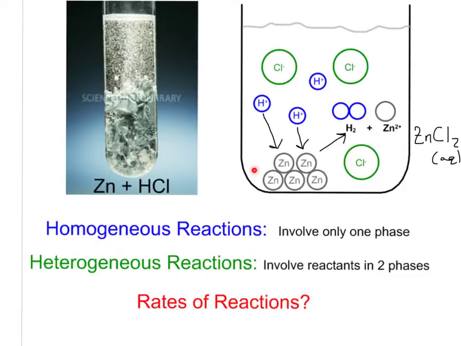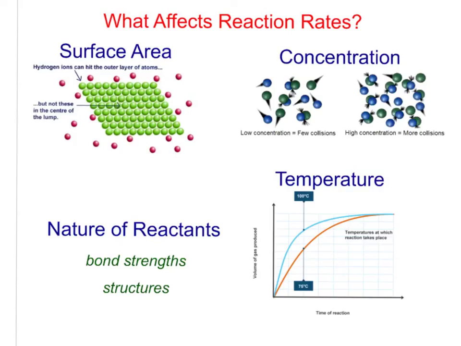Like the difference between a sugar cube and granulated sugar. The granulated sugar has a lot more surface area, so it dissolves faster. This also has a similar quality. The rate of this reaction is definitely affected by the surface area of the zinc. If we have a lot of zinc clumped together with not much surface area, this reaction will proceed more slowly.